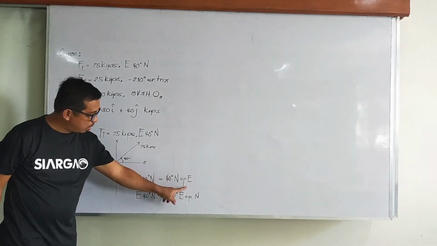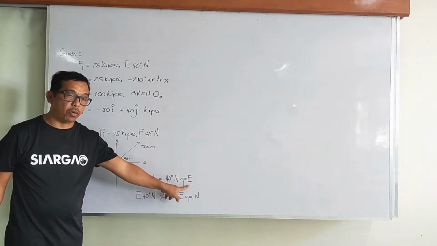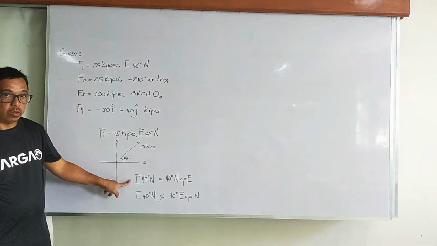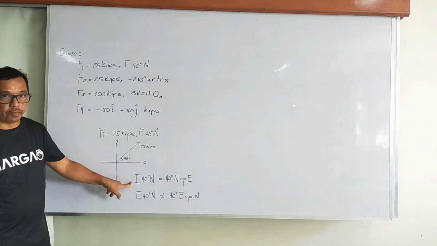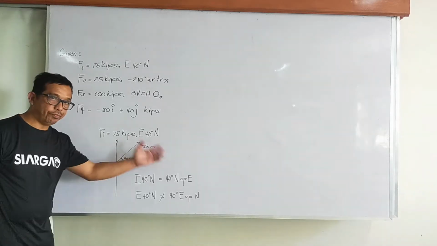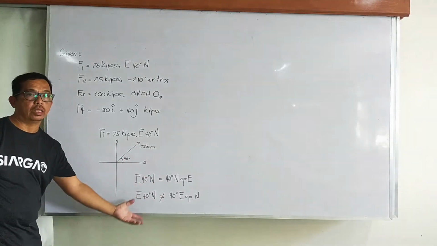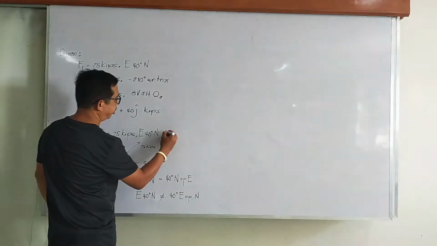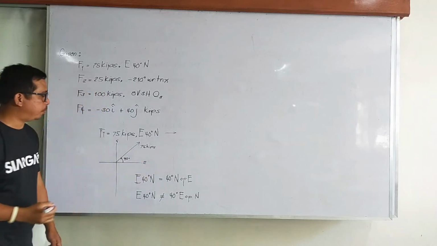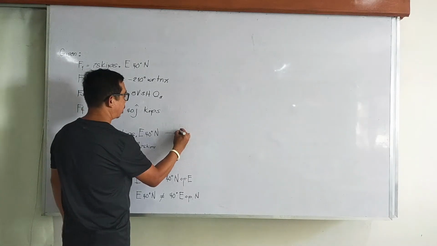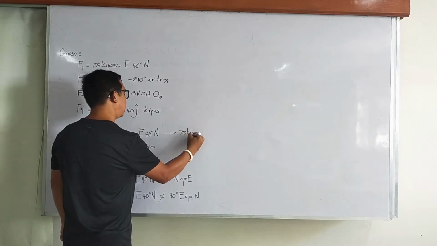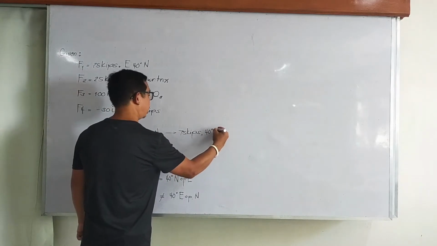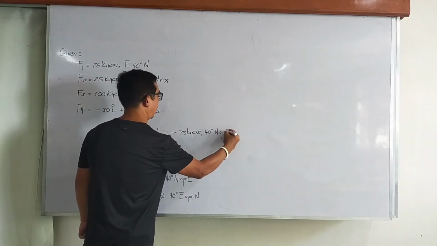Sa ganitong format, east is your reference point. Sa ganitong version, yung nauna, east is your reference. Lumalabas na pwede natin sabihin na ang 75 kips east 40 north ay 75 kips 40 degrees north of east.